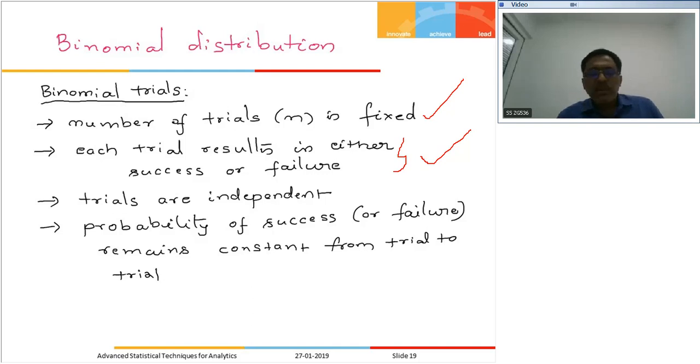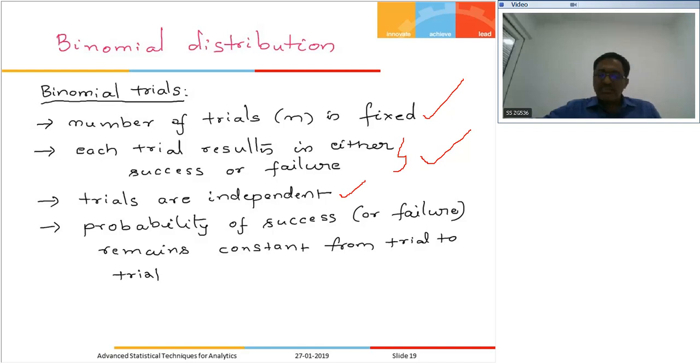Next, trials are independent. This is another important point. The probability of getting head in the second toss does not depend on the first, therefore the trials are independent. Next, the probability of success or failure remains constant. Suppose the probability of success, getting head, in the first trial is 1 by 2.